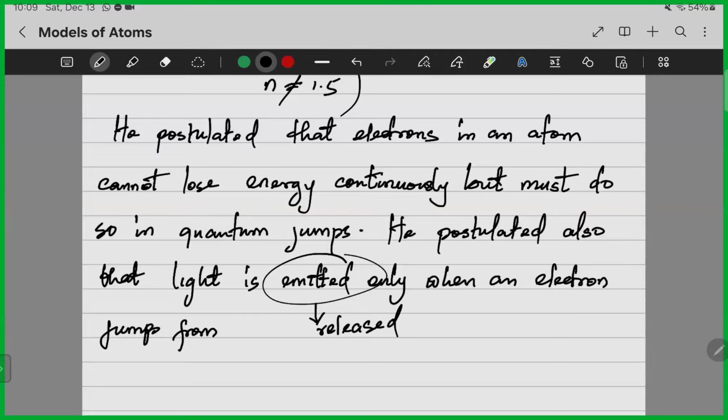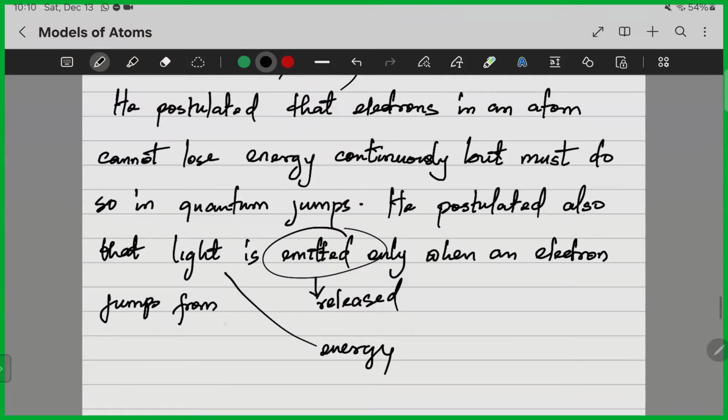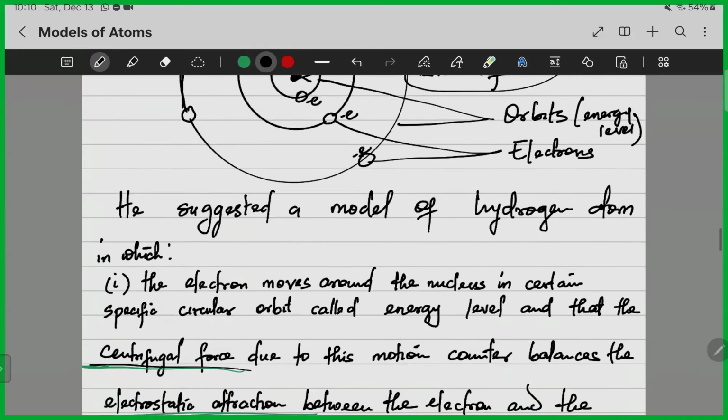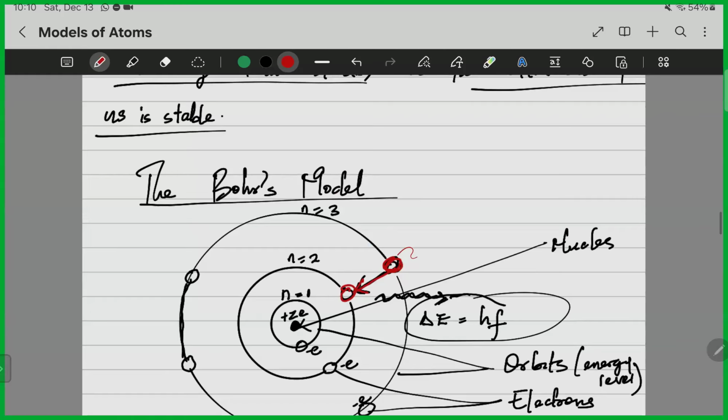When we say light is released, we mean light energy is released when an electron jumps from a higher energy level to a lower energy level. That was what I was saying in the diagram, where if an electron jumps from here to here, there's energy release.